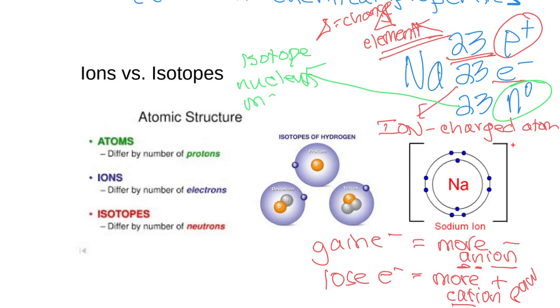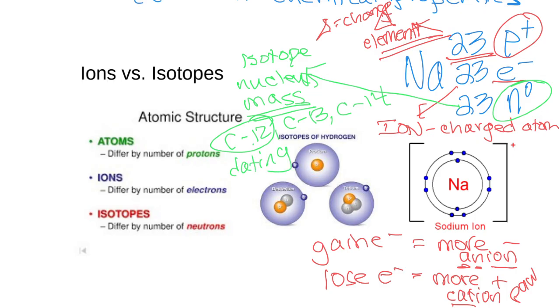And therefore, I'm going to change the mass. So an isotope is the same element, but it has a different atomic mass. Now, examples of this would be carbon-12, carbon-13, carbon-14. We use carbon-14 for dating, not dating like Tinder, but dating like seeing how old the Shroud of Turin is. We look at radiometric dating.